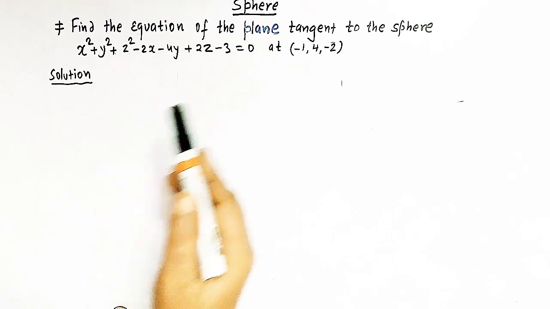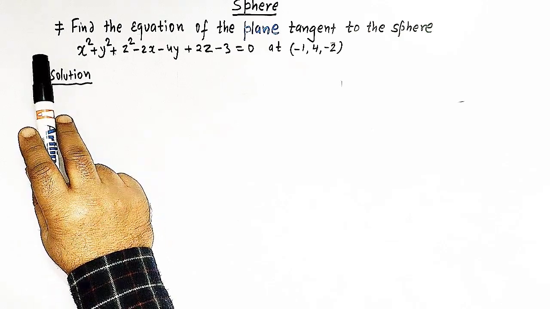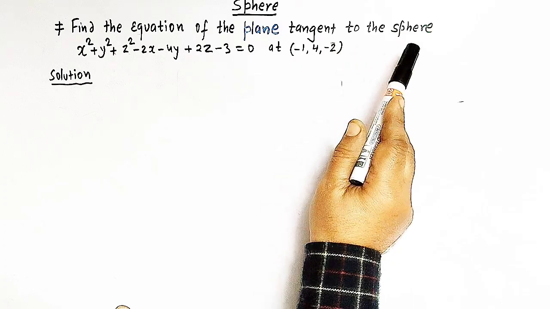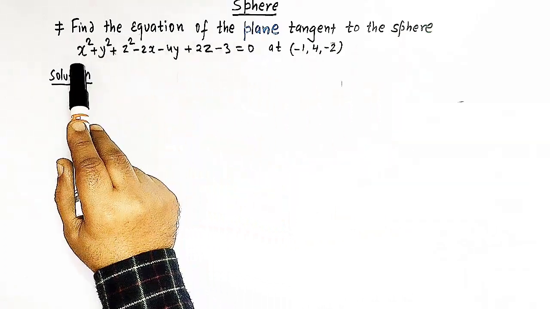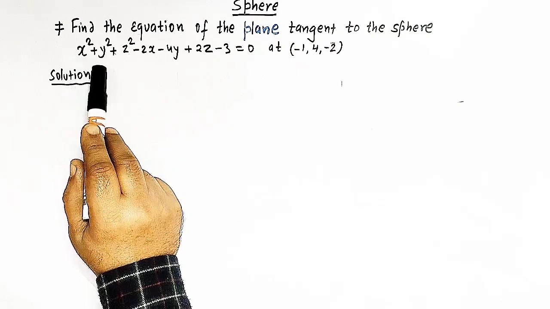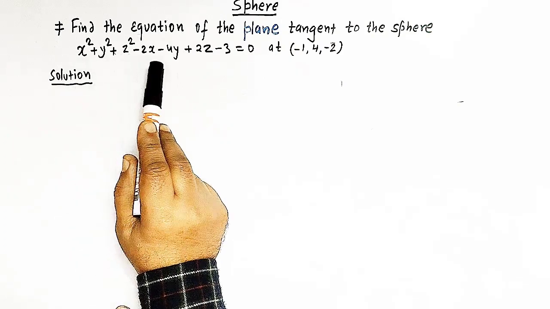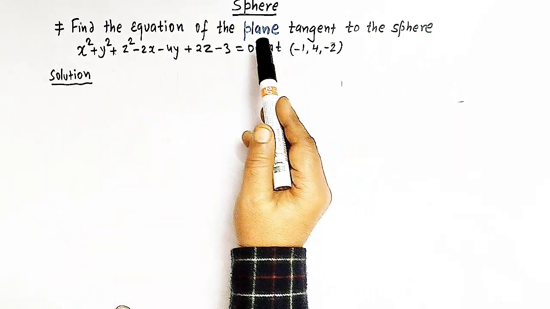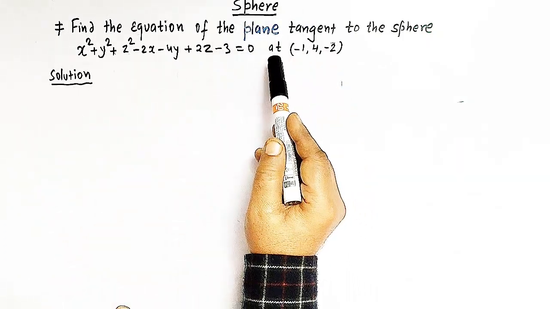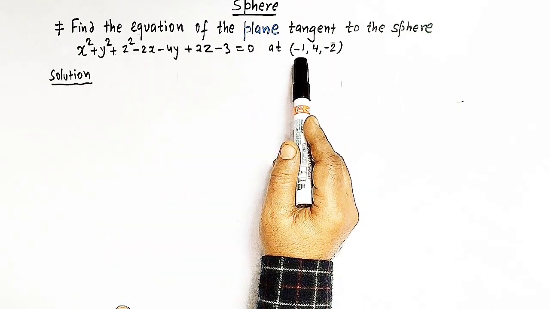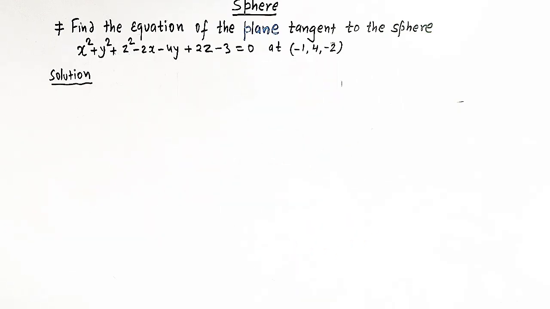So here we'll discuss this concept with the help of this problem where we have to find the equation of the plane tangent to the sphere whose equation is given by this second degree equation: x square plus y square plus z square minus 2x minus 4y plus 2z minus 3 is equal to 0, and we have to find the equation of the tangent plane to this sphere at this point, that is minus 1 comma 4 comma minus 2, right? So let us start.